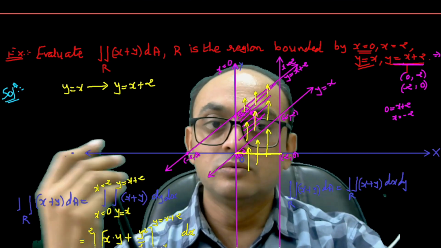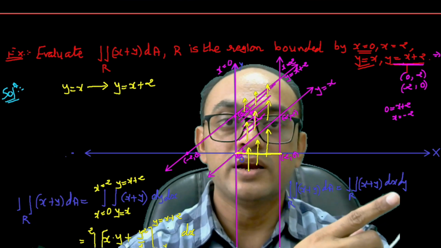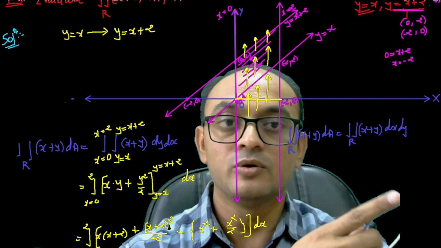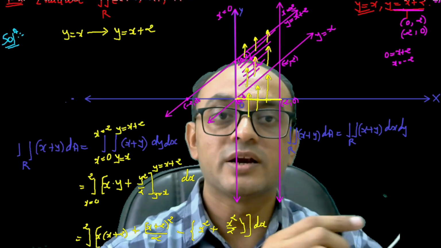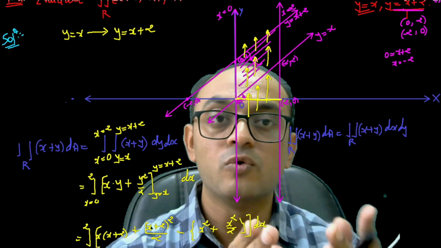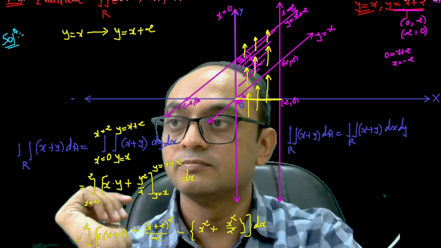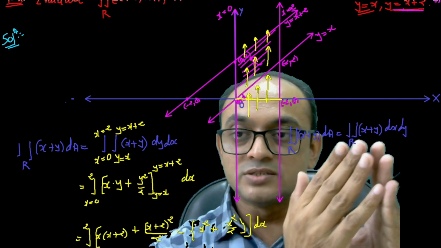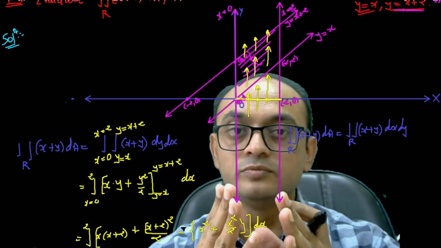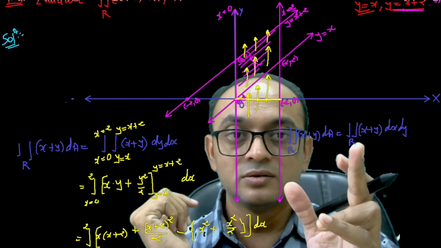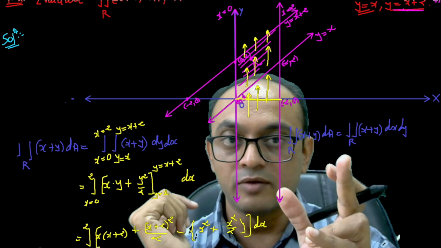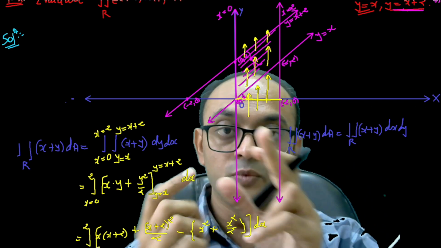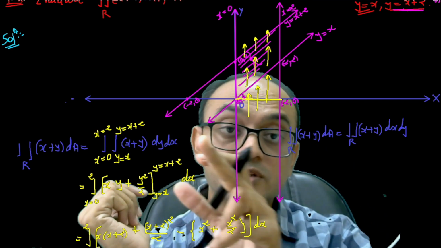Okay, now this is the situation for dx dy, because that is also a case. So let us discuss how we are writing the limit for dx dy. To write the limit for dx dy, what do we have to do? The inner limit of x and outer limit of y, that you know very well, right? So we are writing x in this way, so we draw the horizontal line.